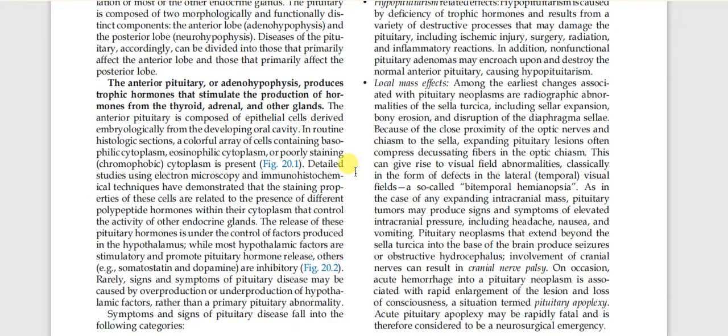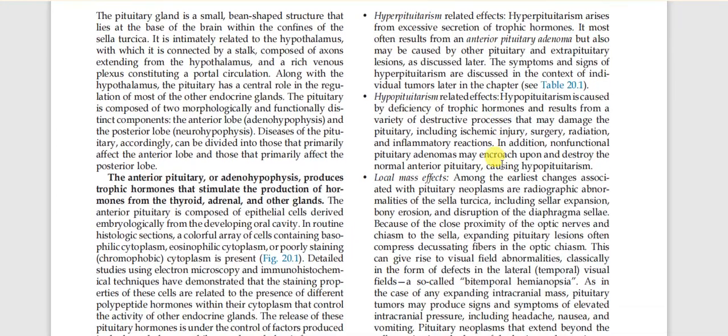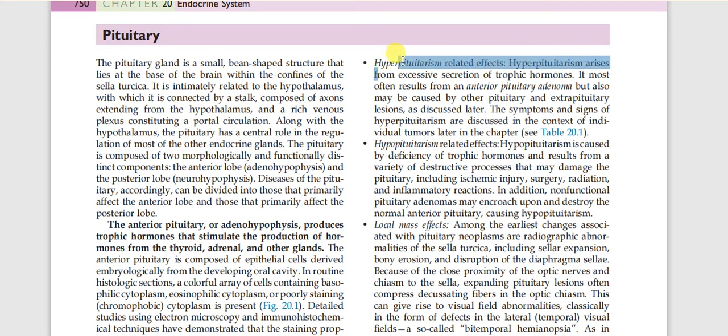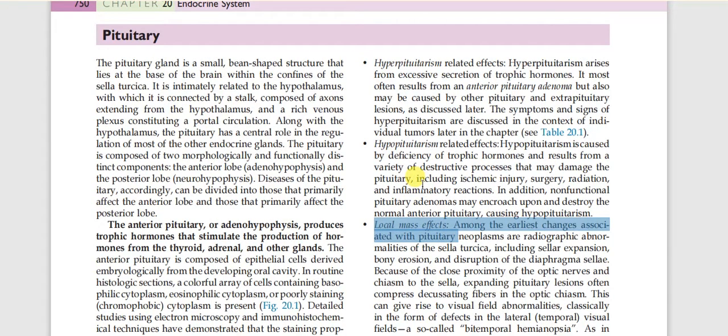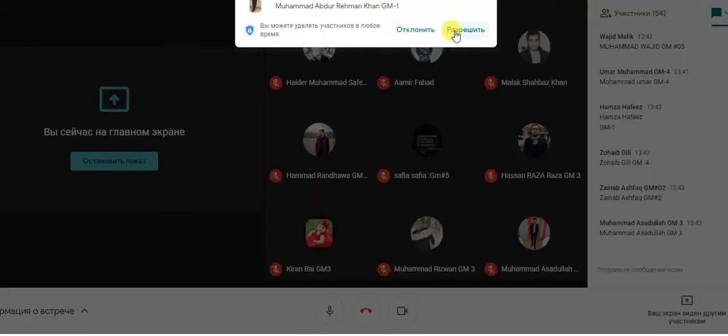So let's talk about the syndromes: hyperpituitarism, hypopituitarism, and local mass effects. These are the three main effects caused by pituitary gland tumors. First of all, we'll discuss the adenohypophysis.